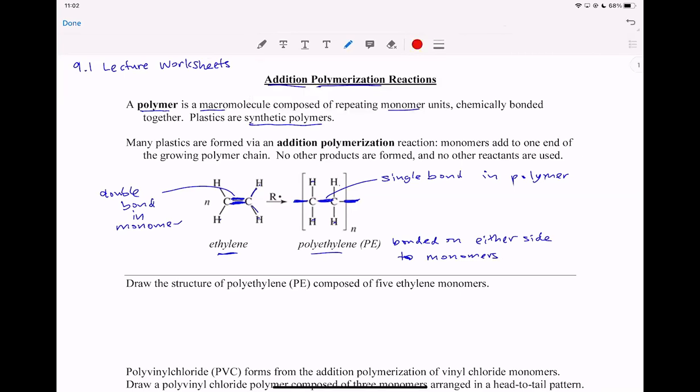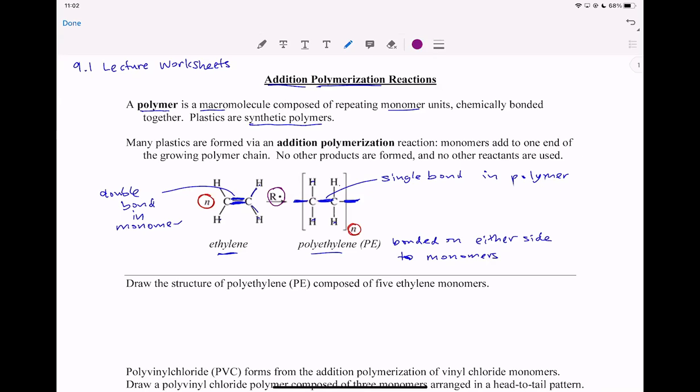Another important difference is that the number of monomers that are present at the beginning is represented at the end in the polymer as a subscript. And this is the third thing, which is this R is the reactive catalyst that initiates this reaction in the first place.